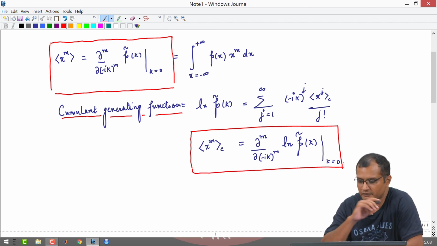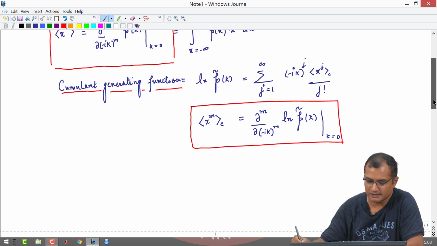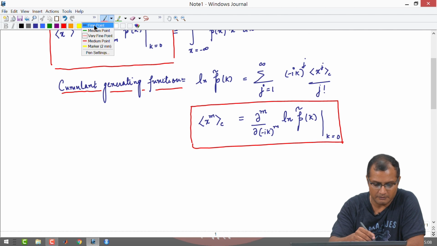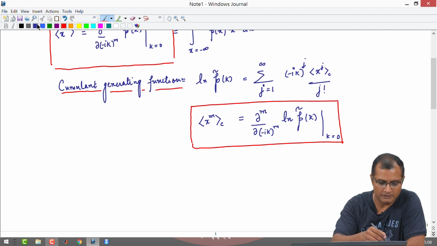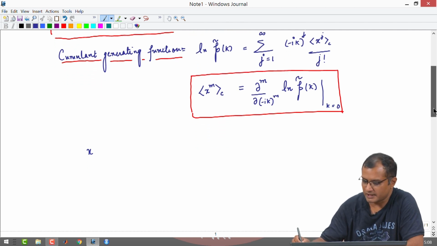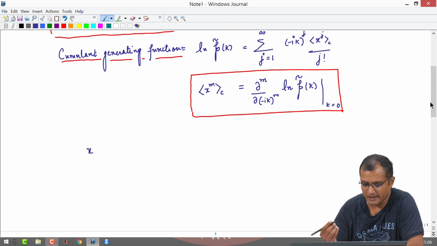And we did compute a few cumulants in the last class. So, just to refresh your memories, the cumulants and the moments are related by this beautiful graphical relationship. You can also compute them analytically using the relations we have just derived.